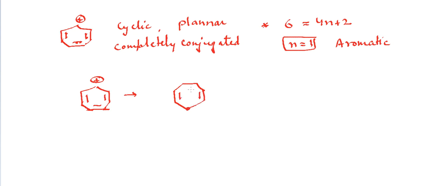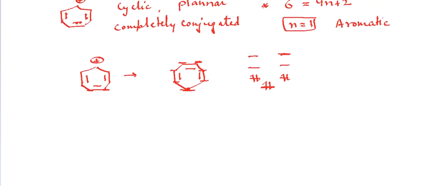Yes, now you can see we have one orbital here and we have two orbitals here. Then we have two orbitals here, and then we have two orbitals here. So this is the MOT diagram for this molecule. Now we need to fill 6 electrons, which means again it comes out to be diamagnetic. So you can see every time aromatic molecules are coming out to be diamagnetic.